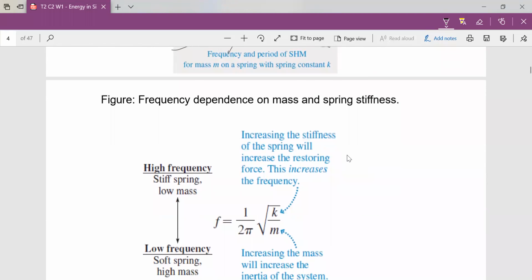So the explanation of that equation is simply the fact that the frequency of the mass on the spring actually depends on the root of the spring constant and the mass.